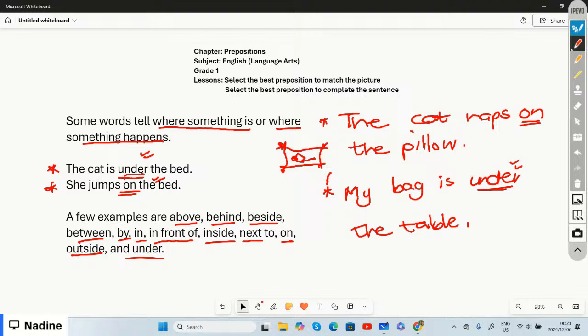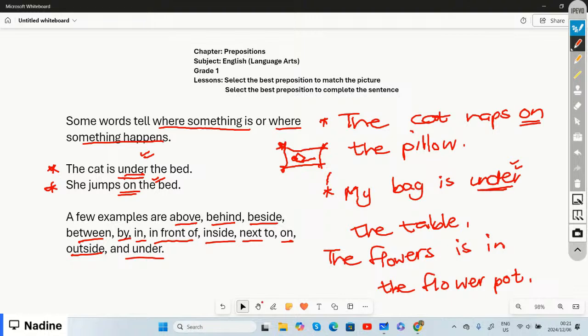And if we look at one more example, the flowers is in the flower pot. What is our preposition within this sentence? The flowers is in the flower pot.